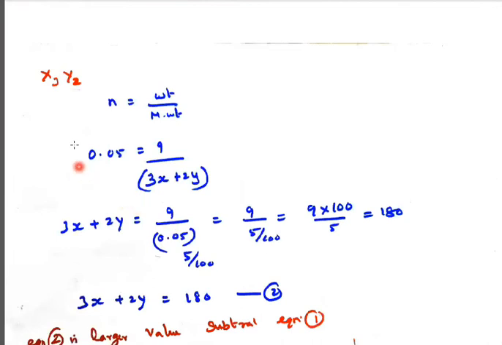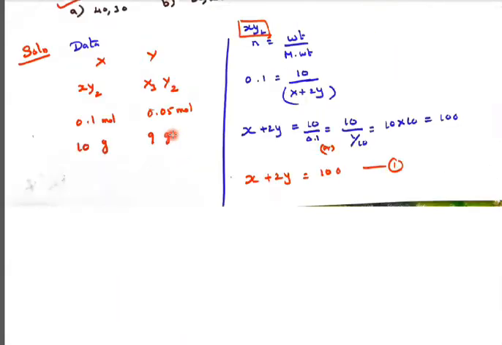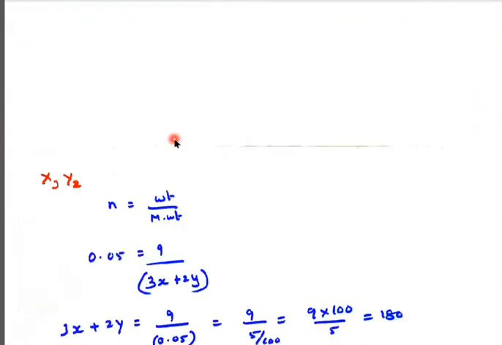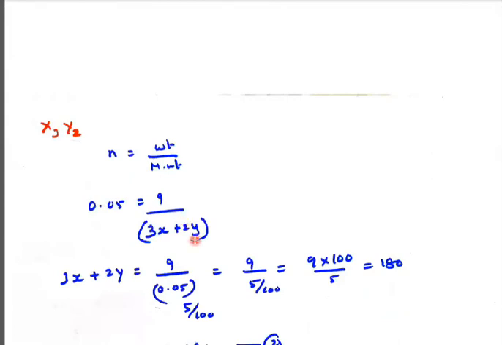Next formula, X3Y2. The number of moles is equal to weight by molecular weight, because for X3Y2 they have given moles and weight, so we can find the molar mass. The mole is 0.05 and the weight given is 9 grams, and this formula contains 3X and 2Y. So 3X plus 2Y is the molecular weight.